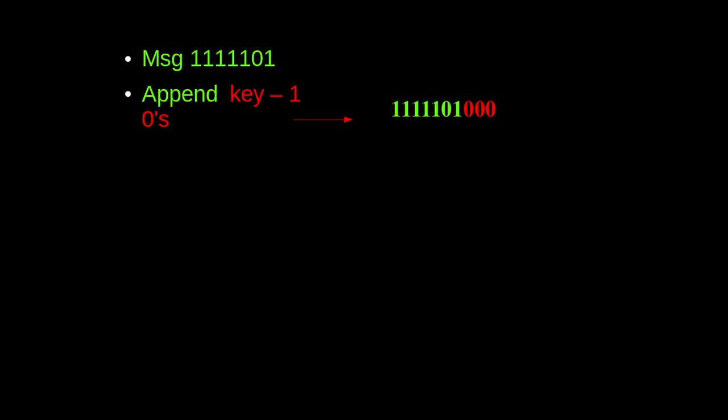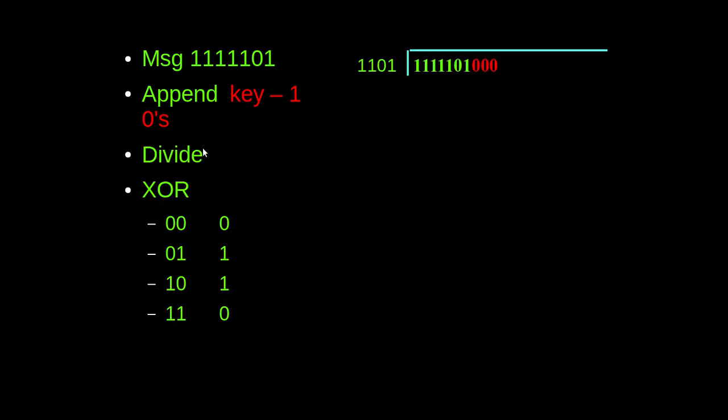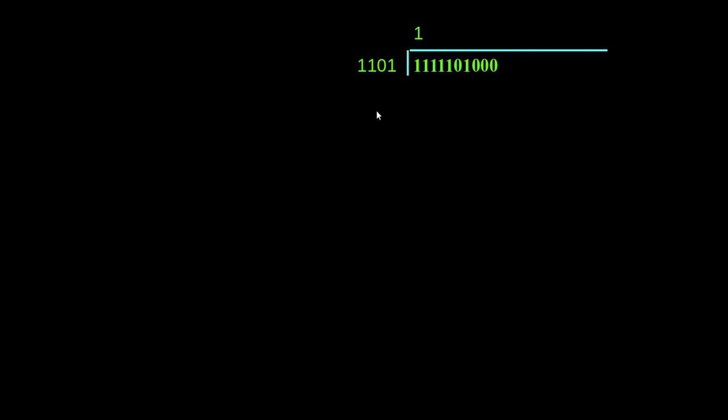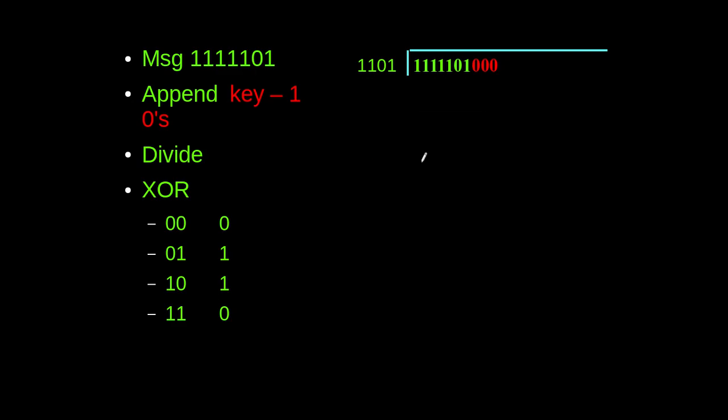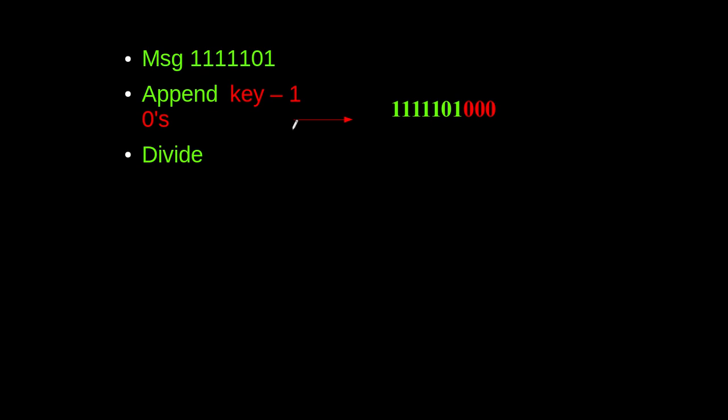Same scenario. Me and Alex know we use a key, and here's our key, 1101. This is the key me and Alex are going to be using, and we agree on that in the handshaking.